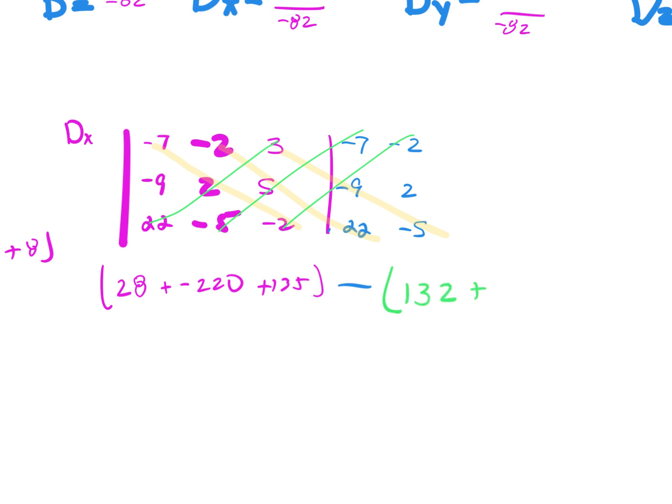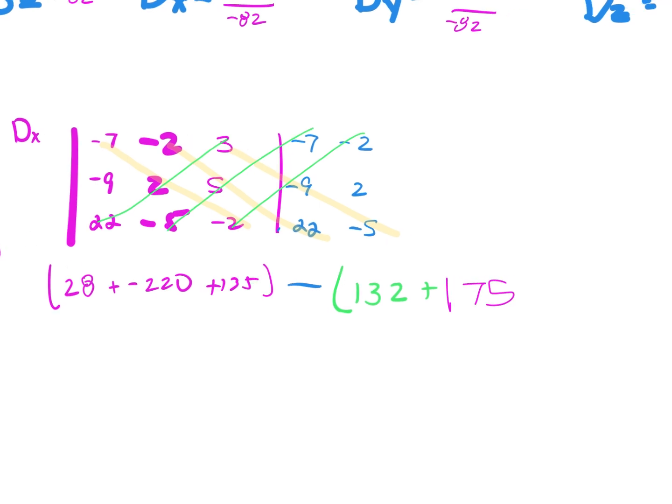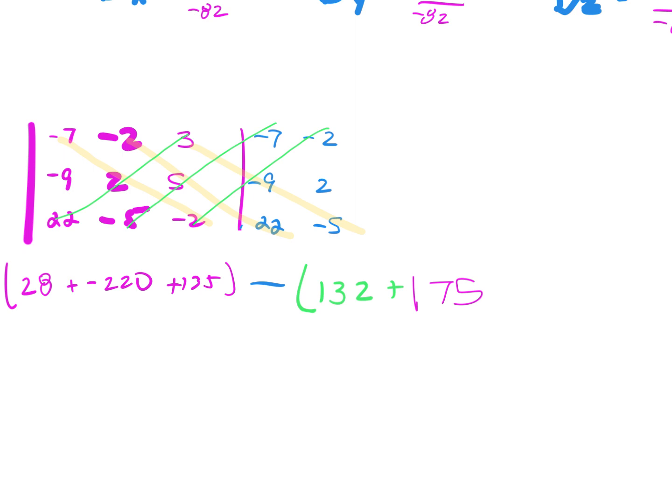And then I have plus, well, negative 5 times 5 is negative 25 times 7. I should say negative 7, so it's going to give me 175. And then I have negative 2 times negative 9 times negative 2. That's going to give me a negative 36.